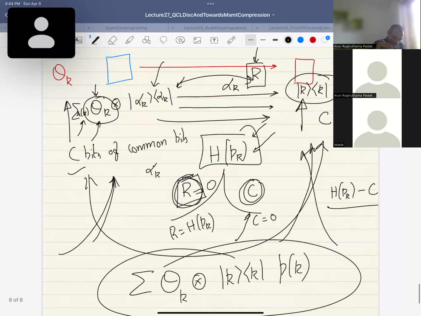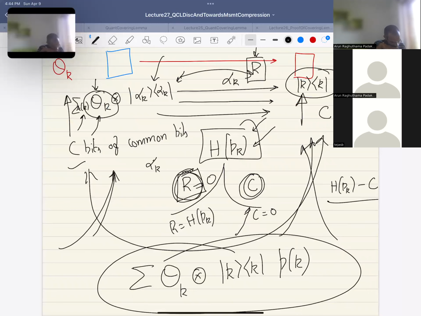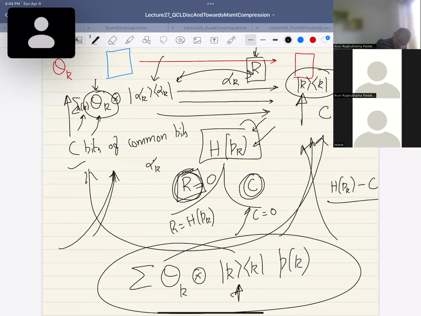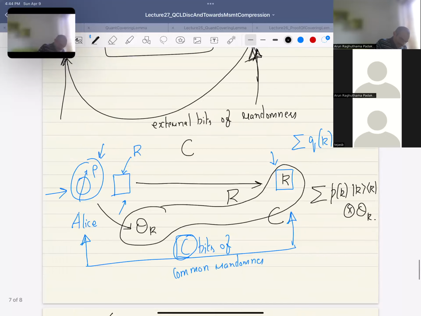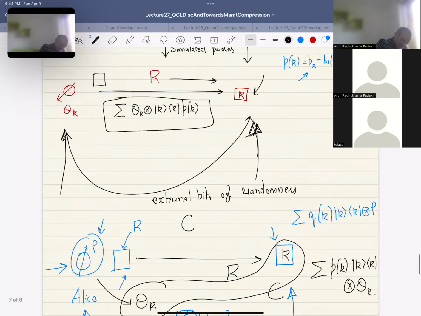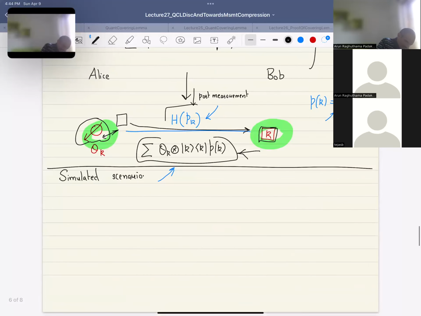About this itself. So when you write this theta k tensor kk, the kk part is with Bob and the theta k is with Alice. Correct. And that is true in both scenarios, the original and the simulated one. Correct, exactly. In the original scenario, I had to use a wire of rate H of pk.